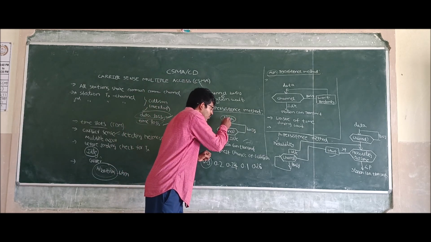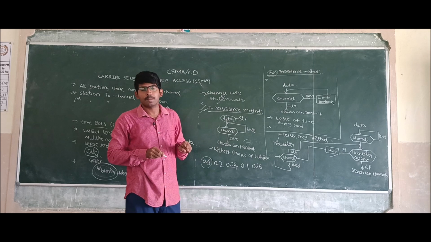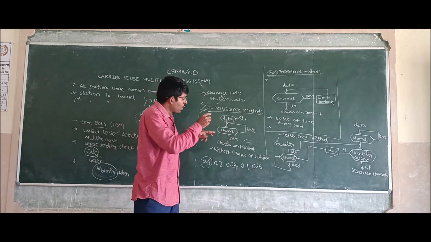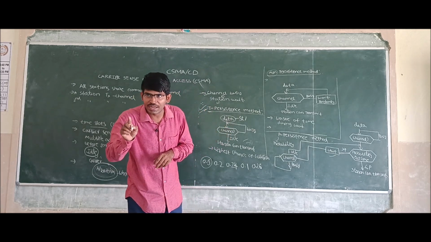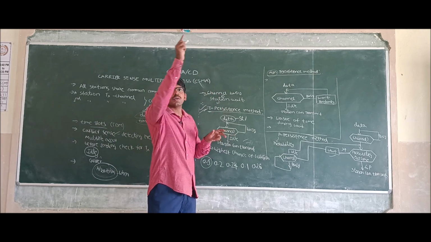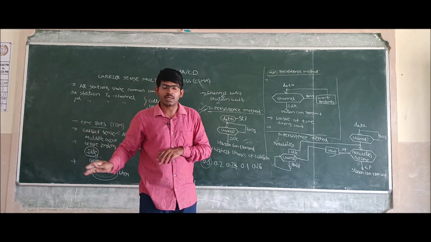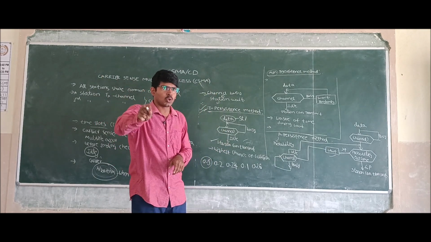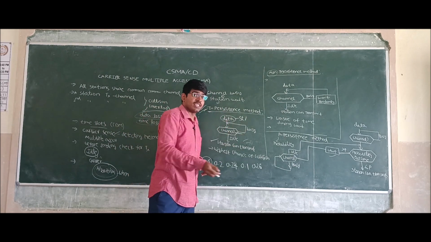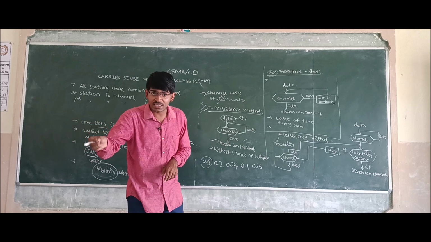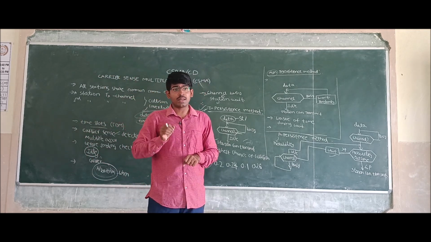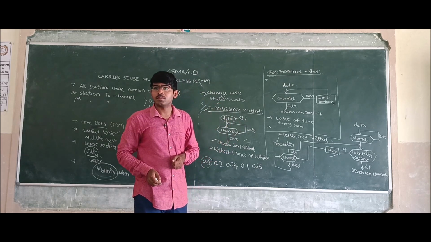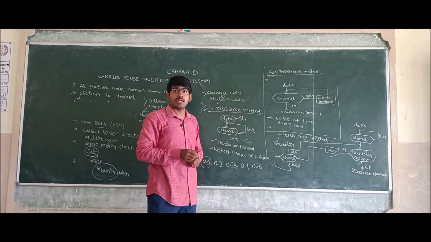There is data from station 1. That data we are trying to send in the channel. We check whether the channel is idle or not. Assume the channel is idle, there is no data in the channel. Then the station can transmit. Suppose the channel is busy, another station is already sending data in the channel, then again we have to check whether the channel is busy or not.